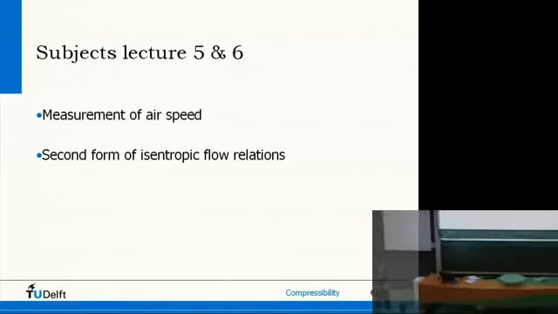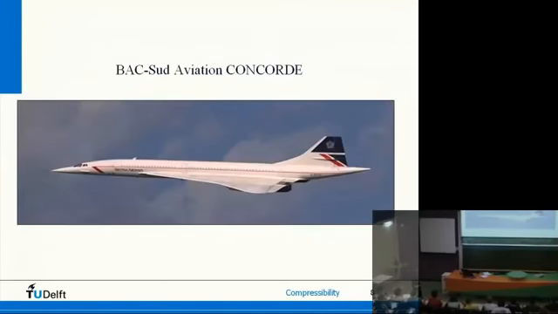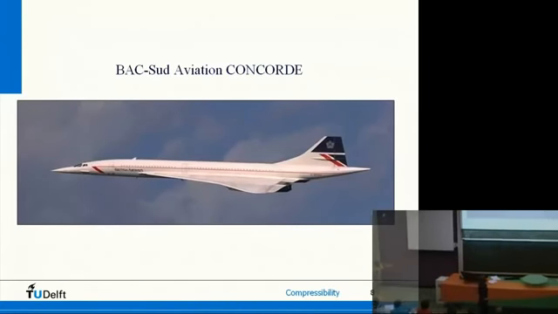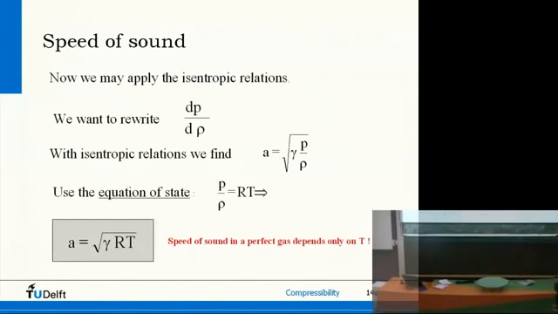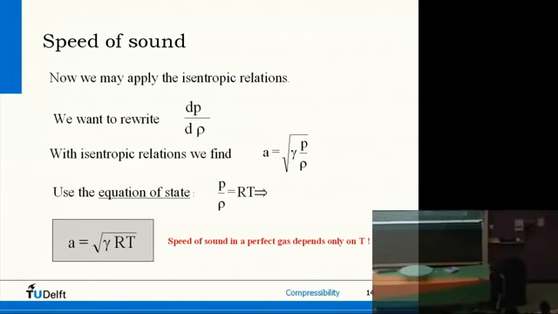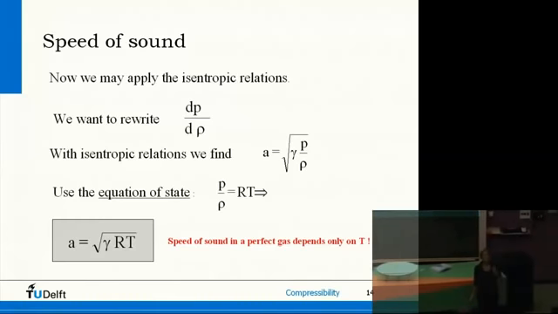So measurement of airspeed and the second form of isentropic flow relations. Of course, compressible flows, unfortunately it's not flying anymore, but it's relevant for supersonic flows. So supersonic aircraft, Concorde. Just summarizing from last time, also please don't forget about the speed of sound. That's the speed at which sound waves travel.